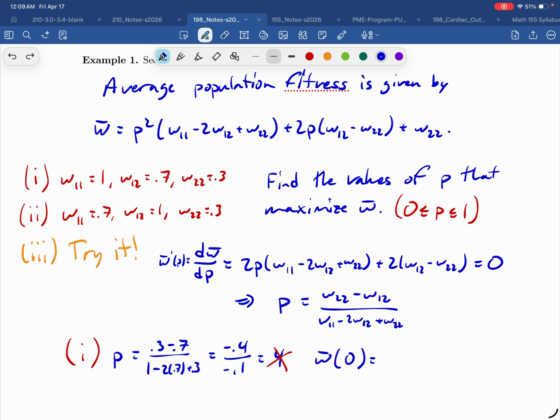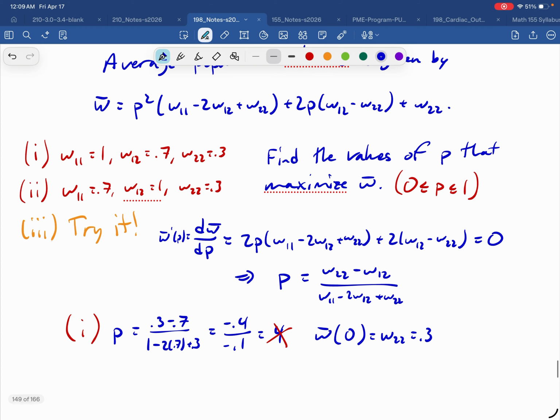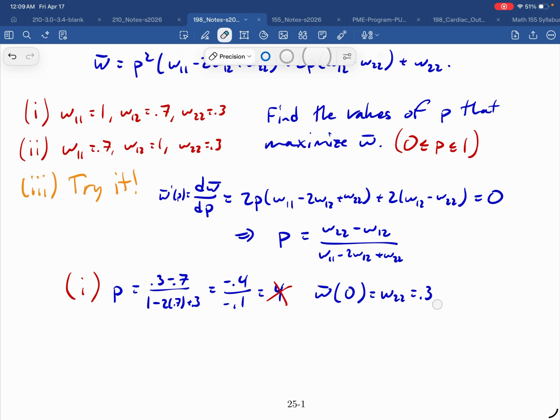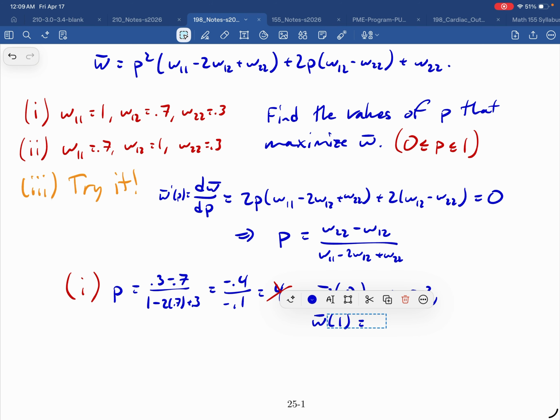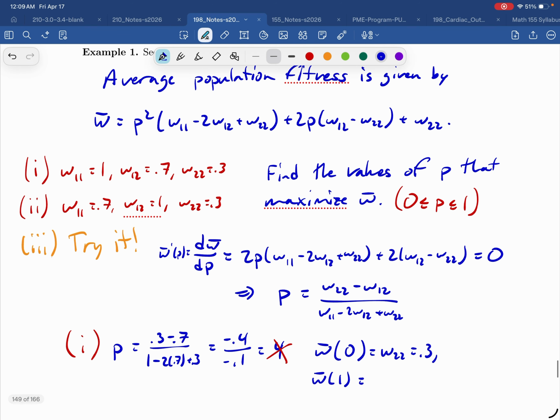W bar of 0, I think you'll see that this will go to 0, this will go to 0, because we have P equals 0. And so you're just left with W22, which is 0.3. And W bar of 1, if you do it out, the P's just kind of go away, and W11 remains untouched, so that's just 1.